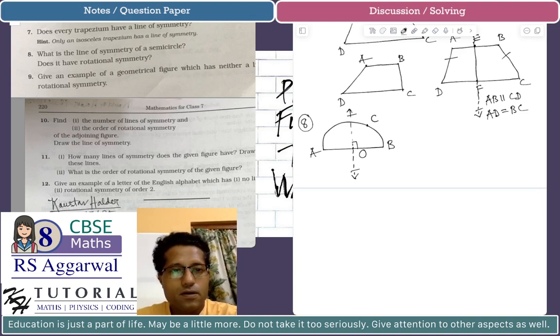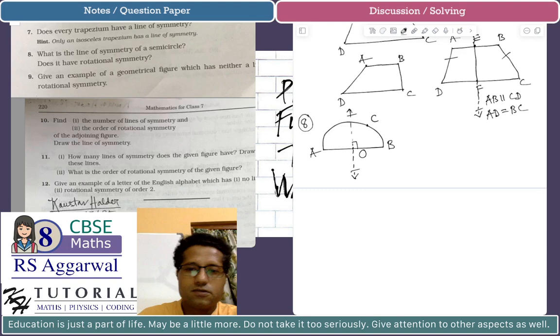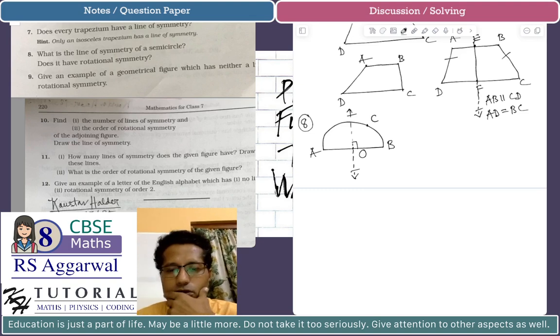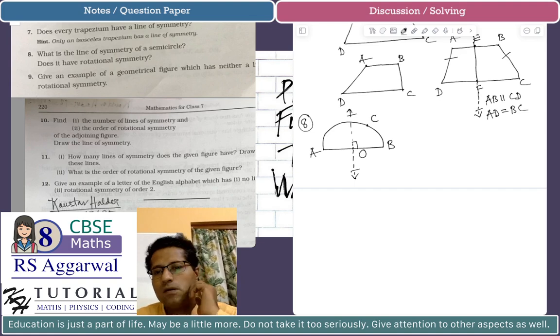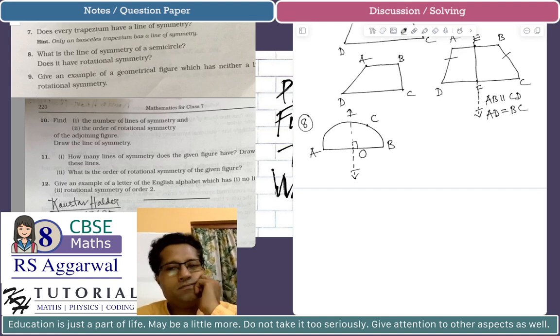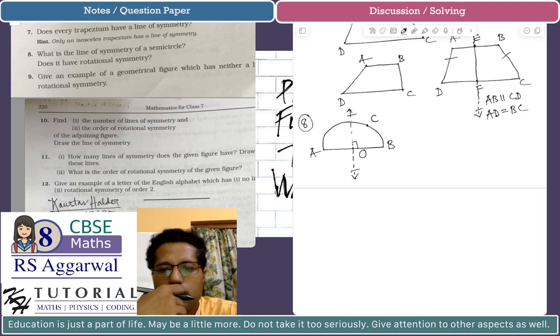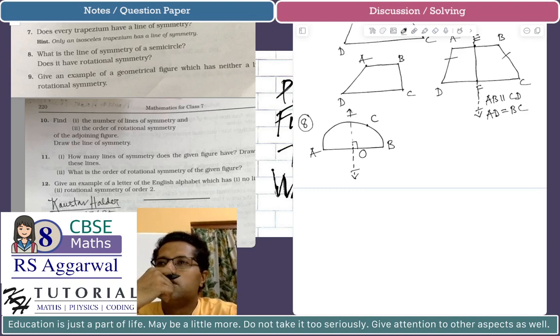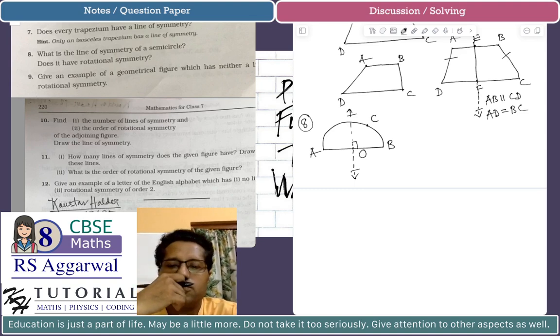Does a semicircle have rotational symmetry? It has only one line of symmetry.